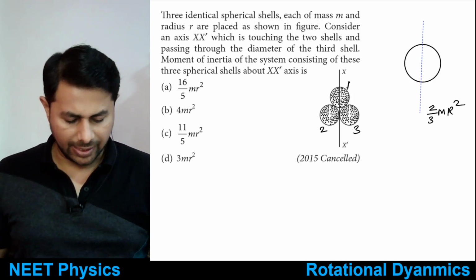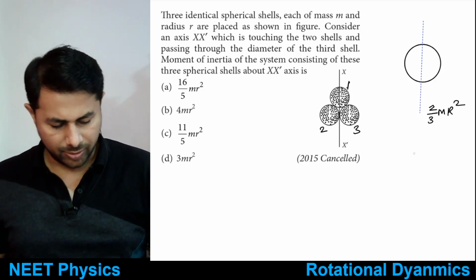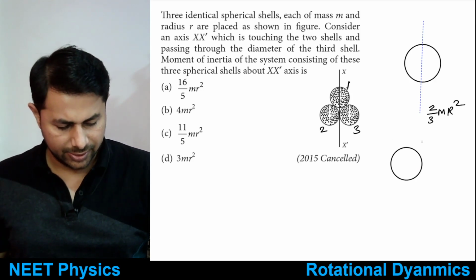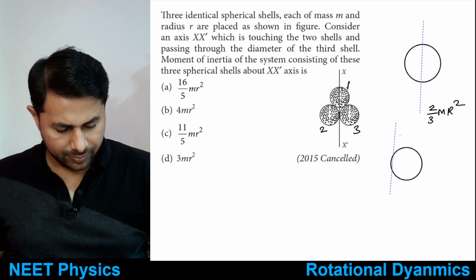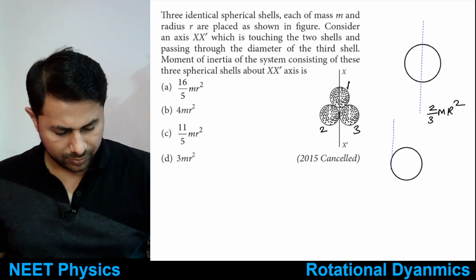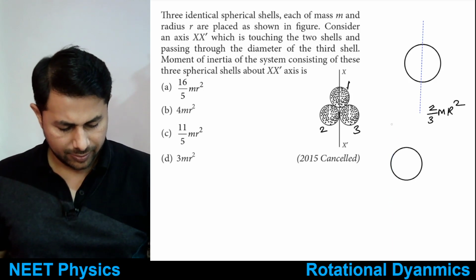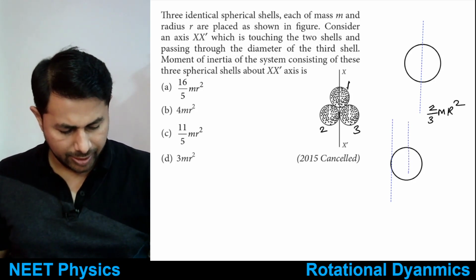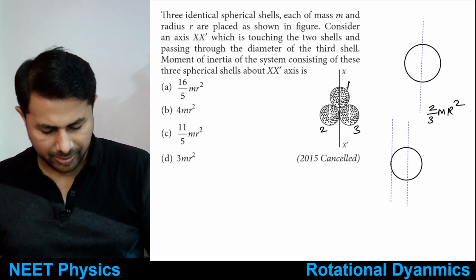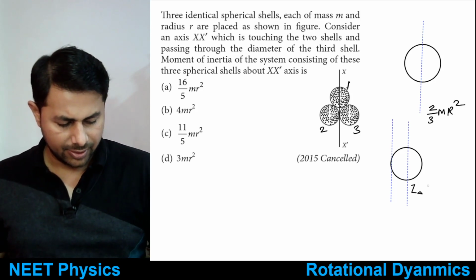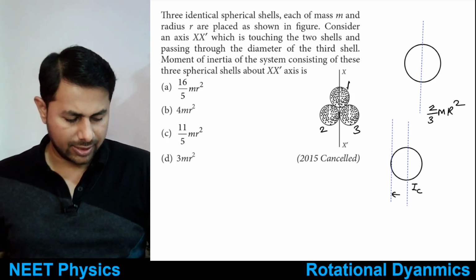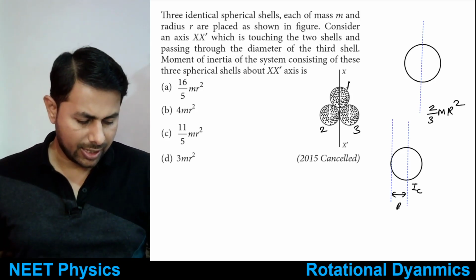So for the tangential axis, we need to find out the moment of inertia. Okay, so the moment of inertia for a tangential axis like this would be equal to what? The moment of inertia about the axis which passes through the center, IC, plus mh square. This is IC, and the distance is r.